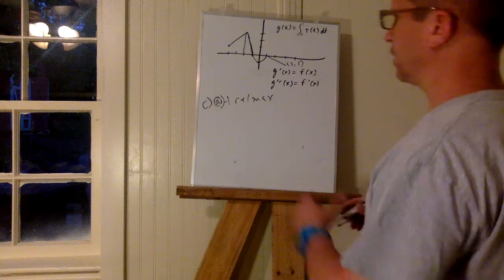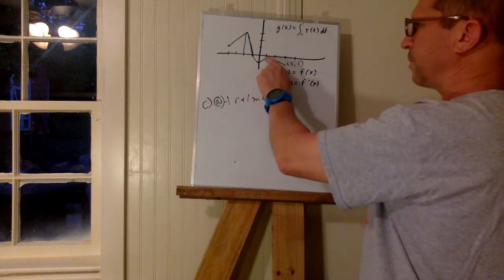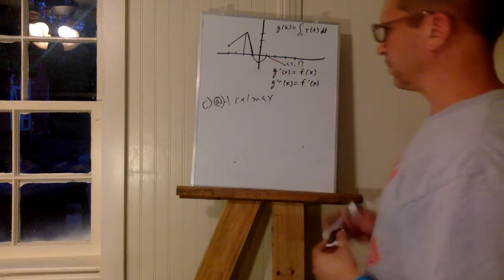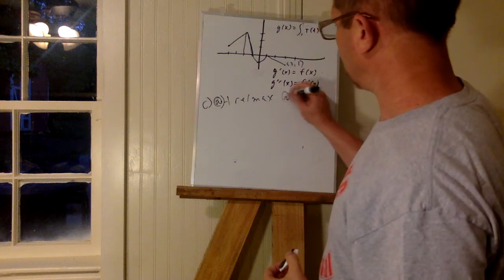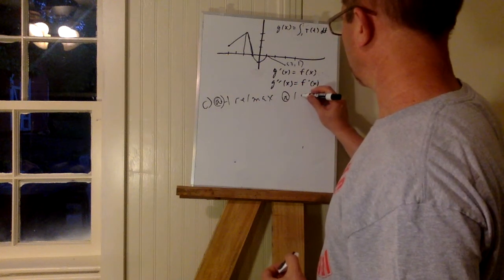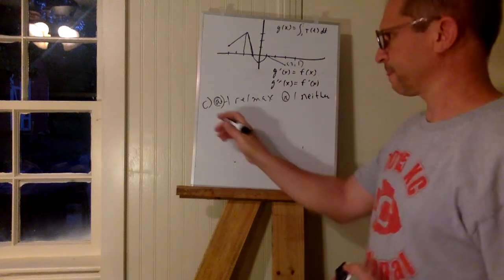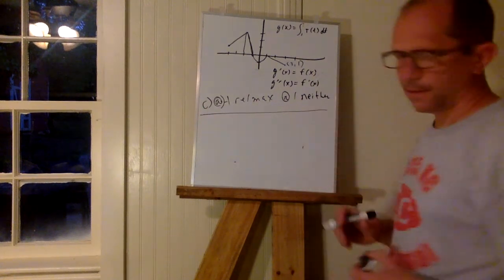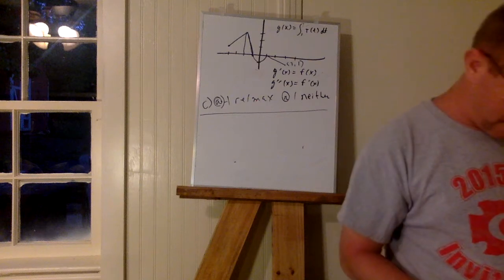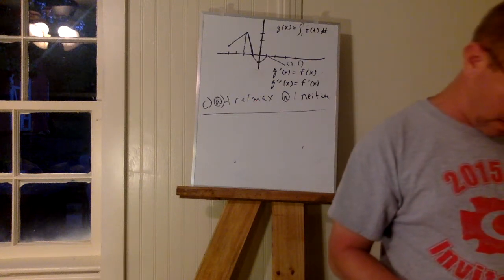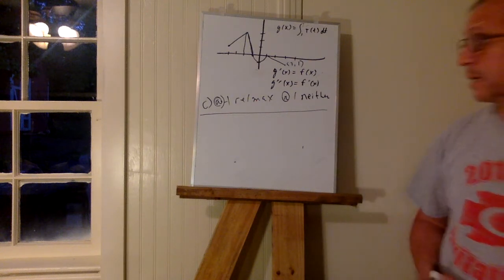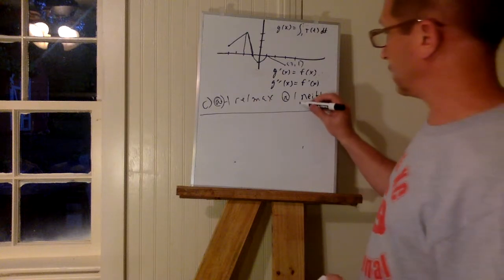And then we go from negative slopes, we get a slope of 0, and then we have more negative slopes. So at +1, it's neither, and the reason being, no sign change.